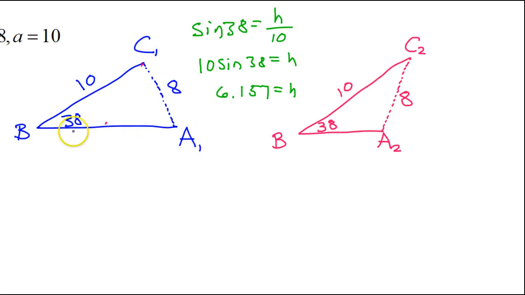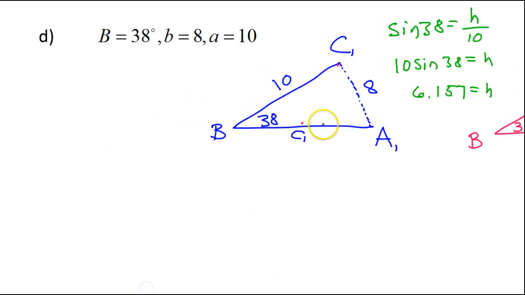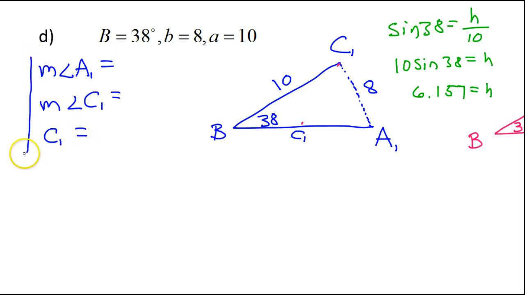And we will need to find side C1 as well. In fact, let's go ahead and solve the blue triangle, starting with our solution box. So we're going to need to find the measure of angle A1 and the measure of angle C1 and the length of side C1. Once we find those three things, we will have solved the triangle.